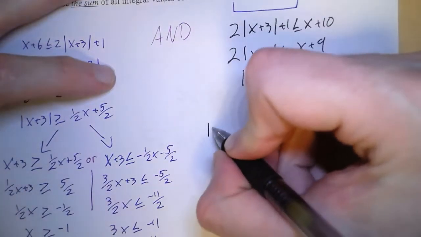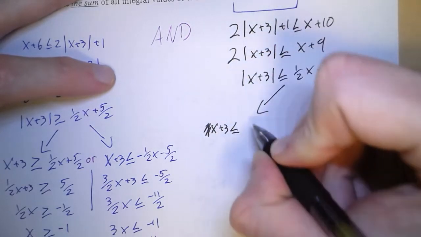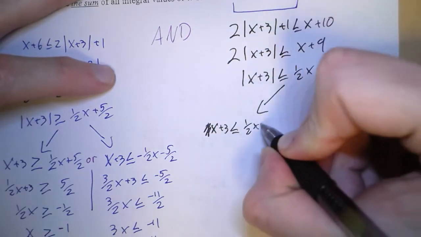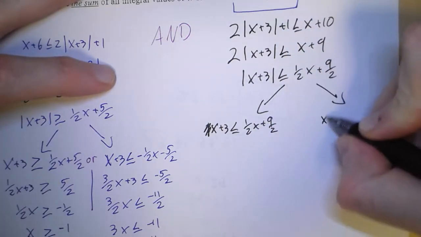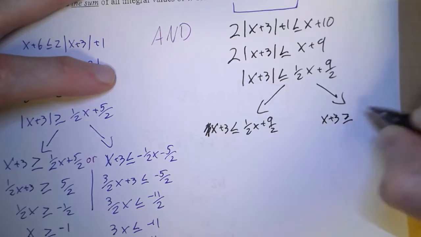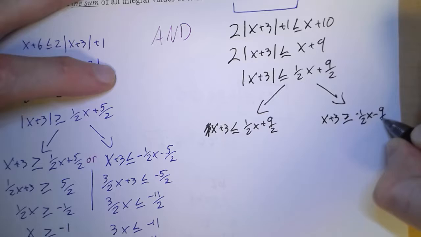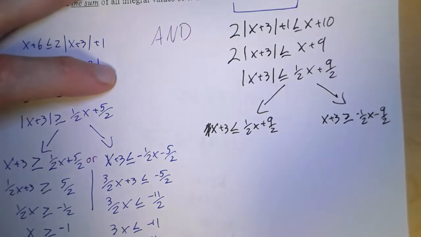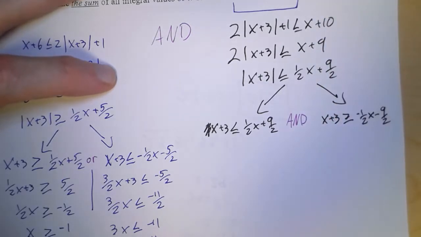First we drop the absolute value and say x plus 3 is less than or equal to 1/2 x plus 9/2. Over here we drop the absolute value, x plus 3, and we switch the sign. Is greater than or equal to the opposite, negative 1/2 x minus 9/2. And in between these, it has to fit both of them. So this is an and.